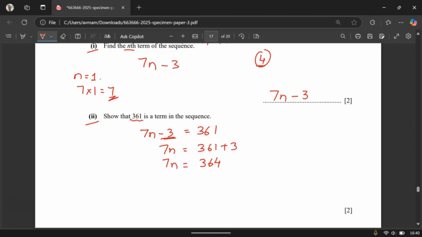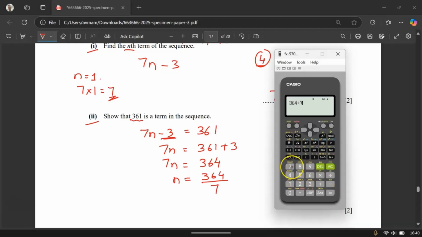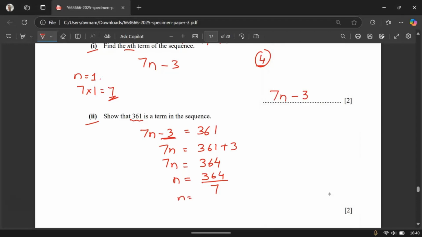Divide both sides by 7. n equal to 364 divided by 7. That gives you 52. Okay, so the 52nd term in the sequence is 361.